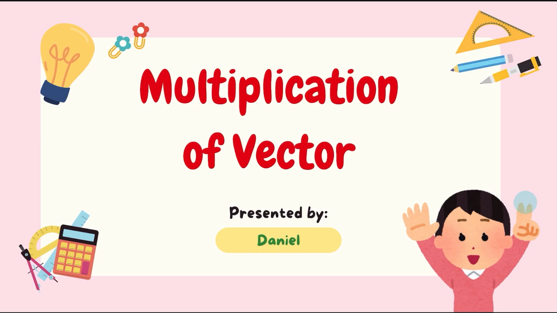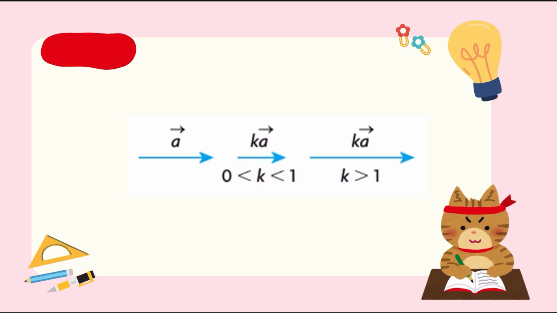So, multiplying by different values of k can affect the direction and the magnitude of a vector. Depending on the values of k that we use, as we can see here, the k are different, and they have different magnitudes.